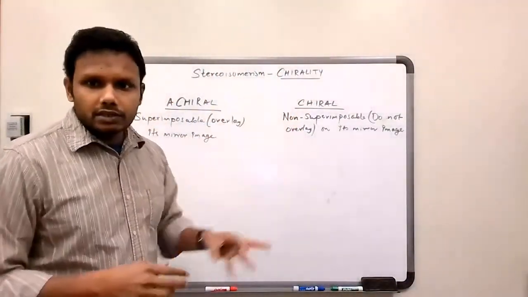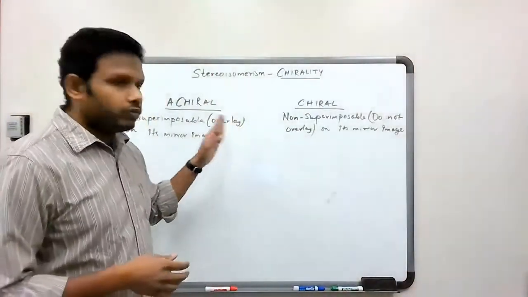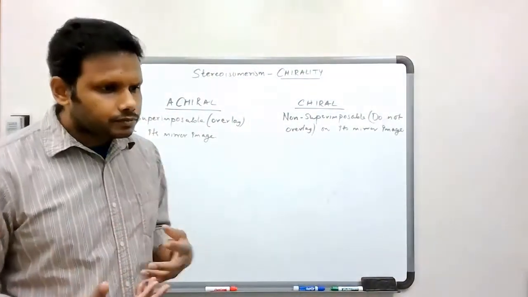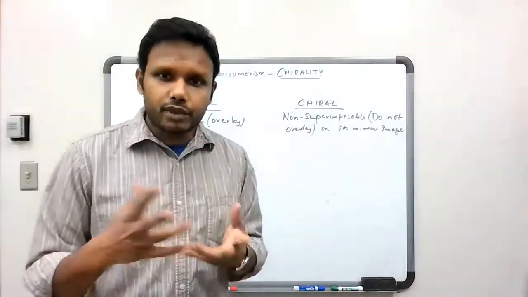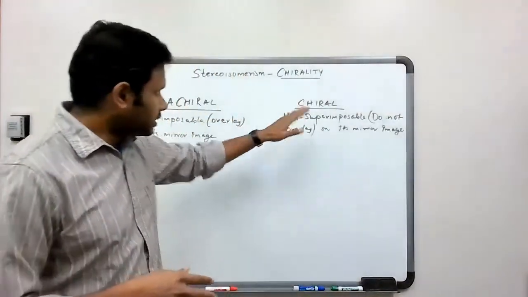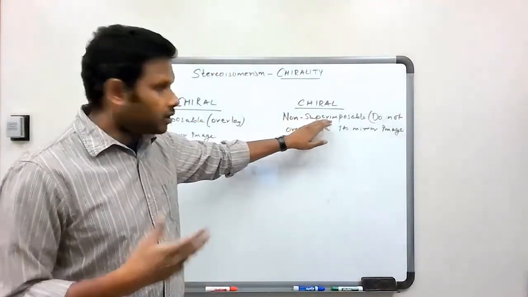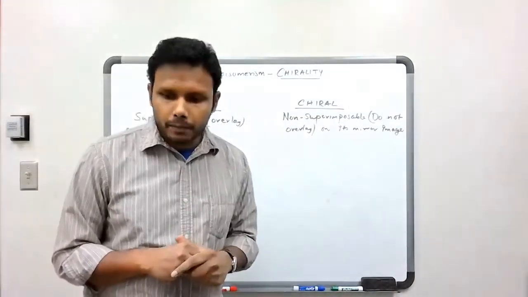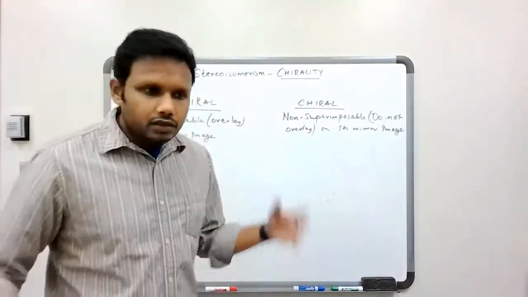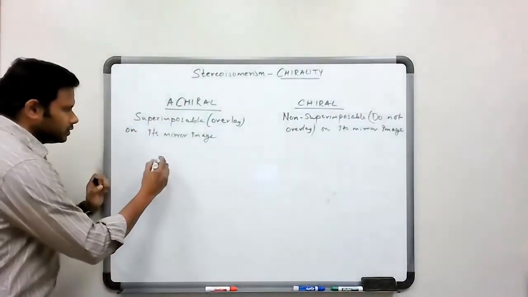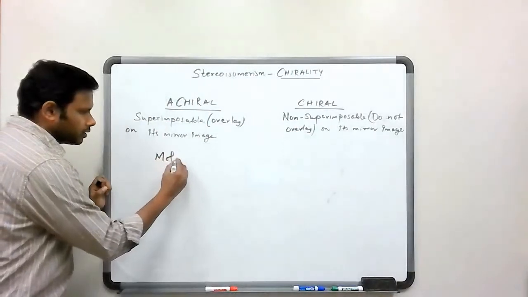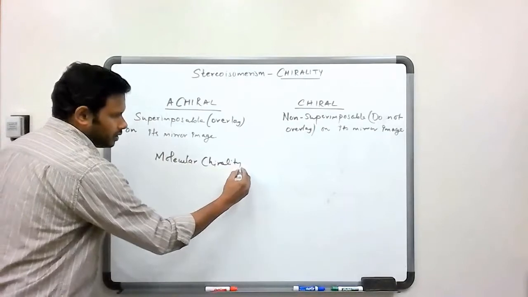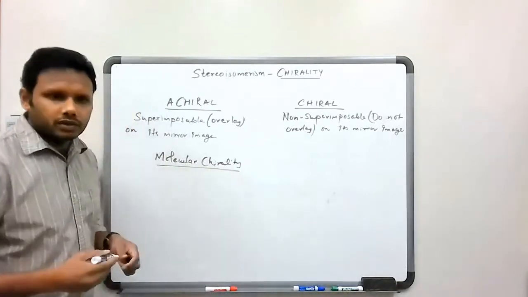So chirality as a term, like I said, only has to do with the superimposable or non-superimposable nature of an object and its mirror image. When an object or a molecule is non-superimposable on its mirror image, then we call it chiral. But when we talk about molecules, so let's say molecular chirality, that means chirality in molecules.